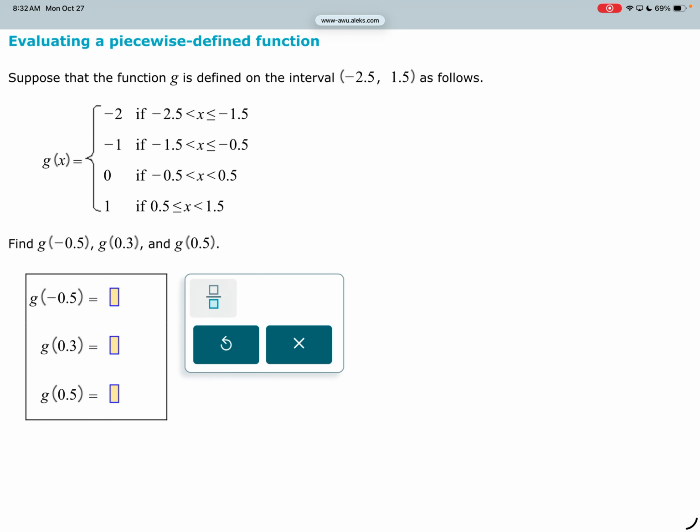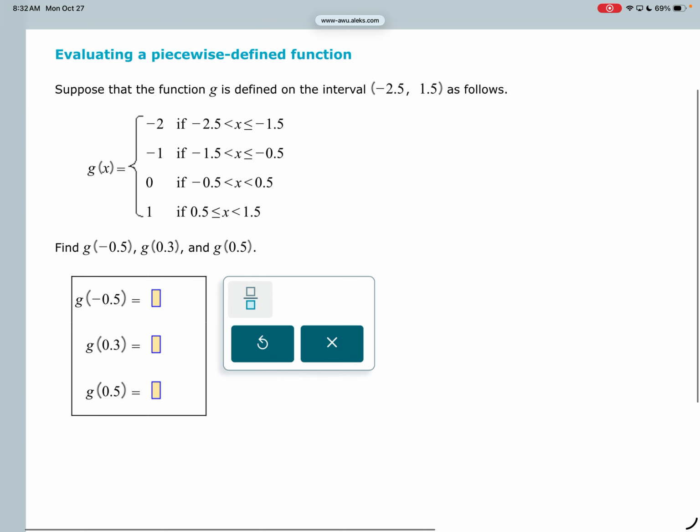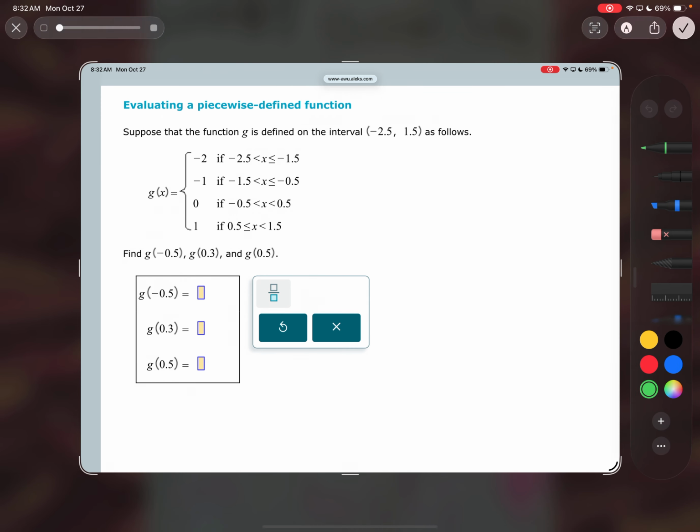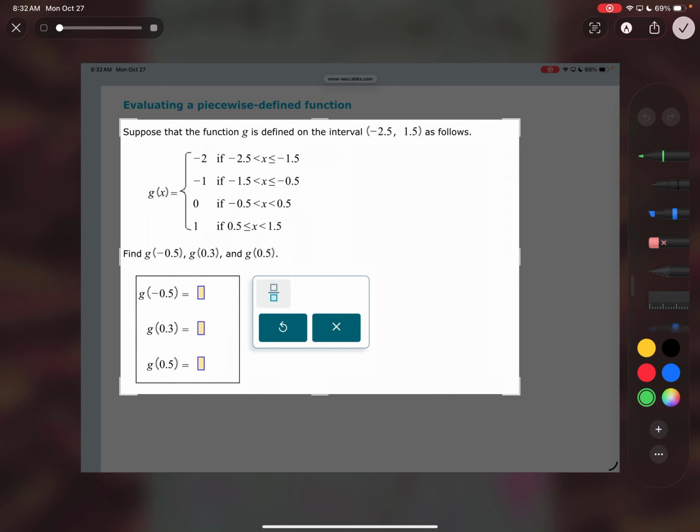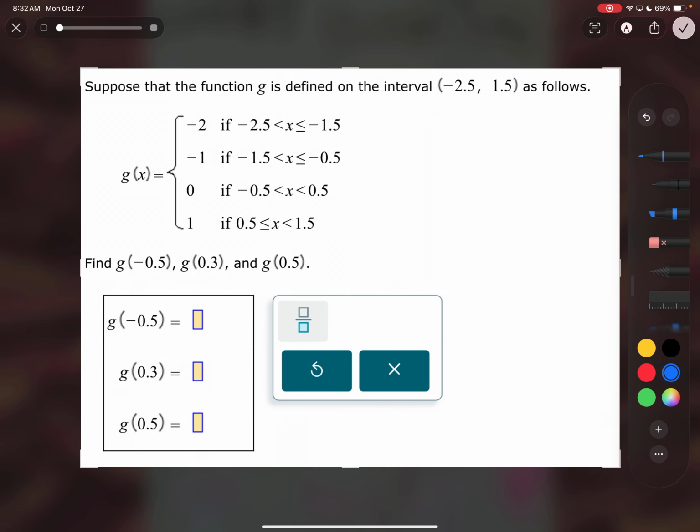So on this step 1, actually, this is called the step function, because the graph looks like a step. We may do that in a minute. But as you go through each of these, okay, this is x equals -0.5. So when I'm going through here and figuring out which one that is, this one is less than, this one is less than or equal to, right? So that would be where x equals -0.5.